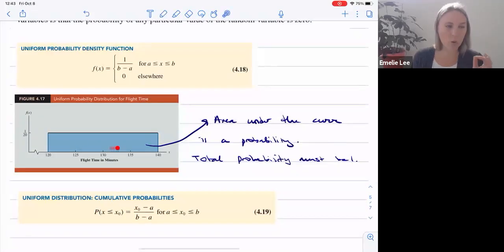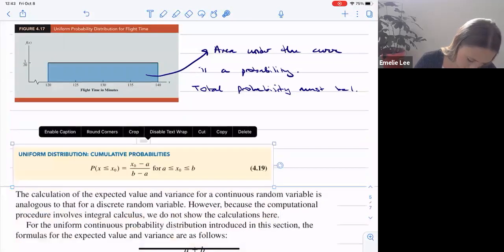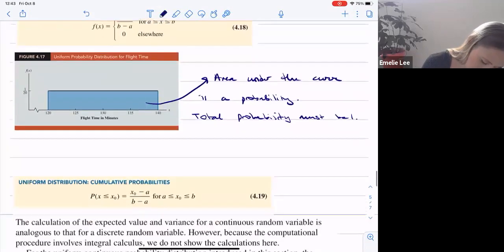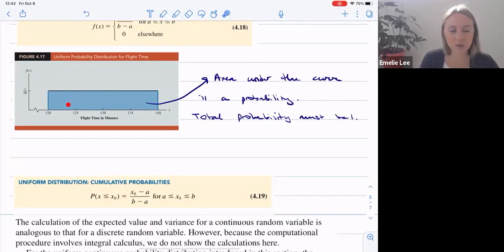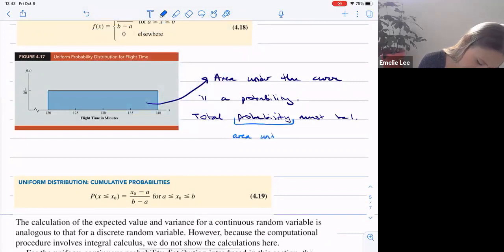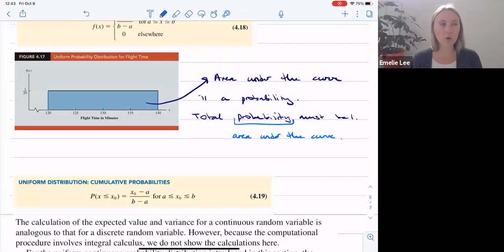So this total area has to be 1. If we've got a length of 20, then of course 1 divided by 20 has to be the height in order to get a total of 1. You could go 1 over 20 times 20 makes 1.